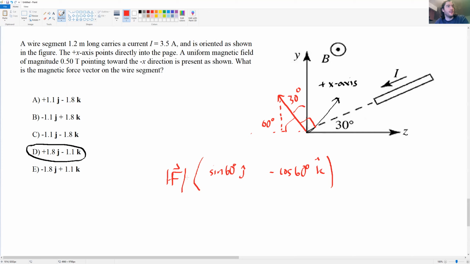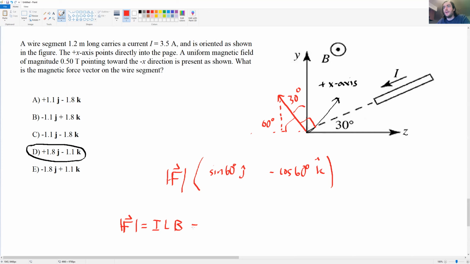in the answers here, right? So how would you get the exact components? Well, you have to calculate the force on this wire, right? So in order to calculate the magnitude, that's going to be the current times the length times the magnitude of the magnetic field.